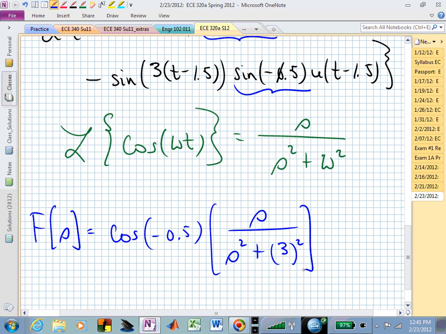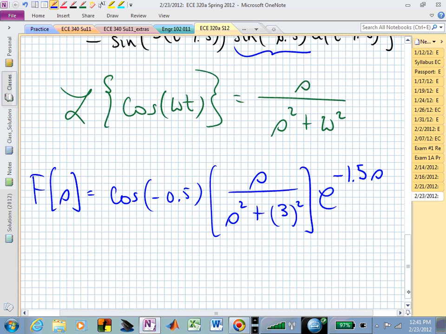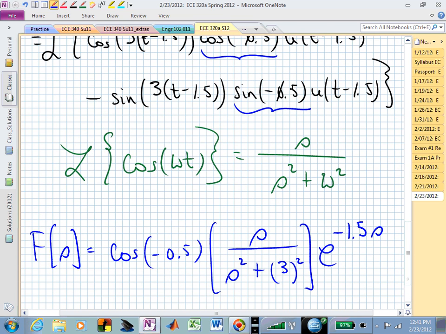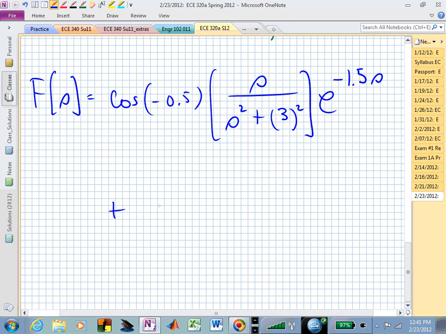Omega is actually 3, and then we are delaying by that 1.5. And if we then take the sine of a minus, that's the minus the sine, so I'll incorporate those two negative signs and say now I have plus sine of 0.5.